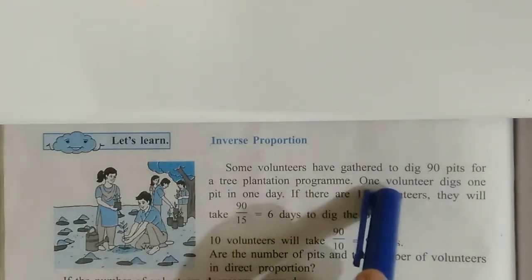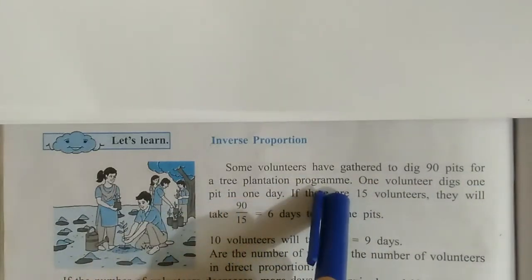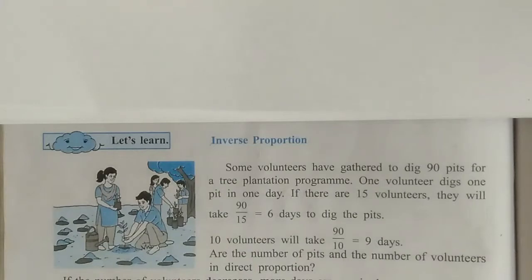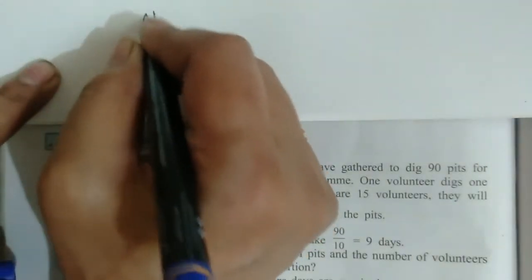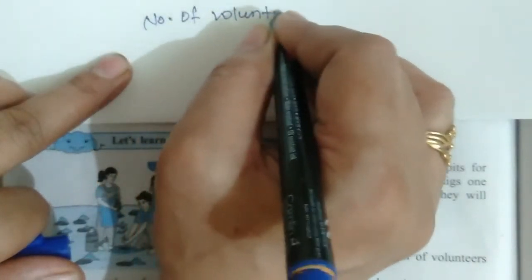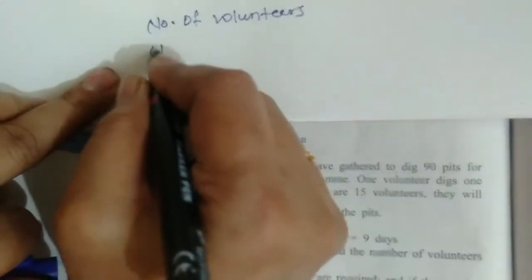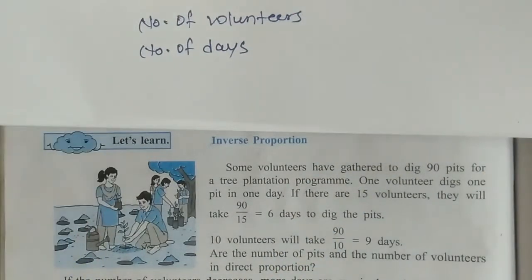Some volunteers have gathered to dig 90 pits for a tree plantation program. One volunteer digs one pit in one day. Here two quantities are given: the number of volunteers and the number of days required to dig the pits.